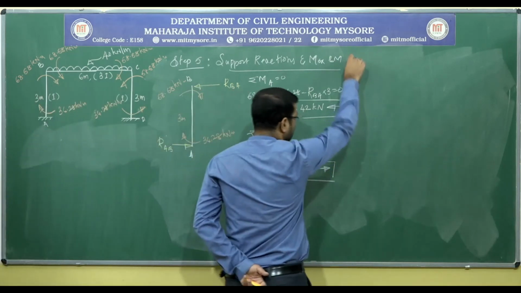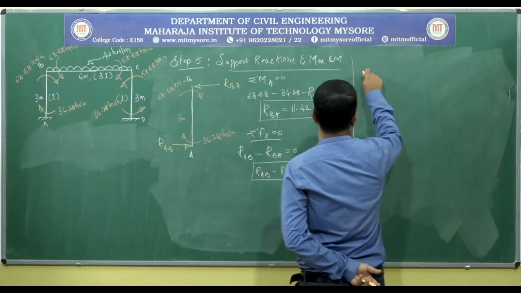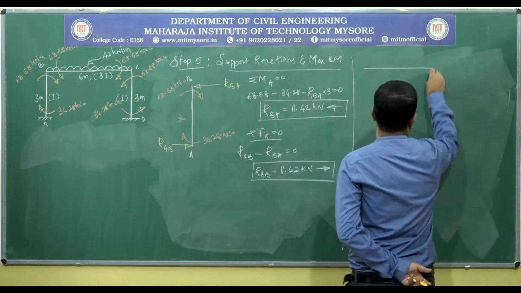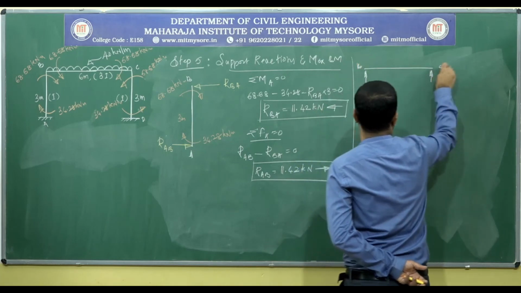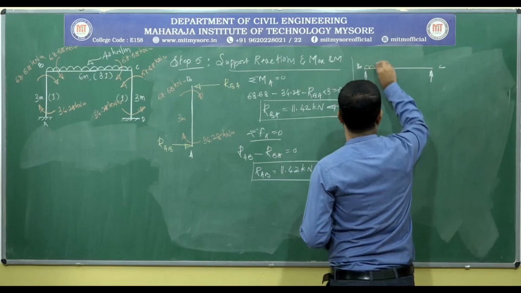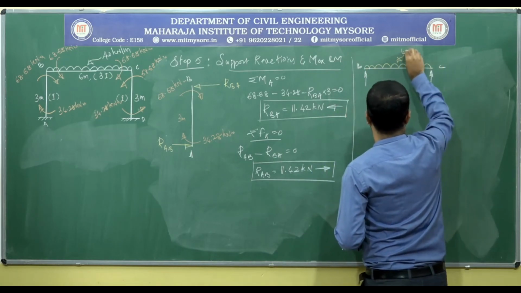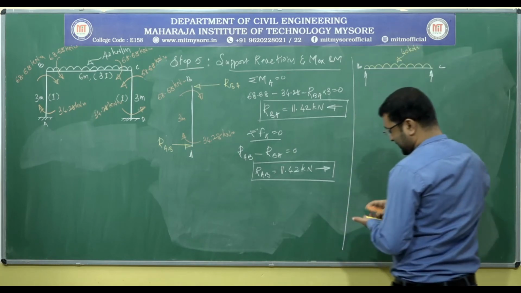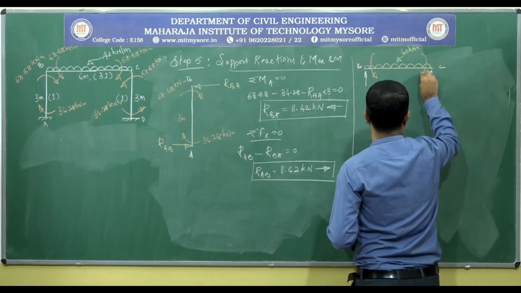Similarly, we need to repeat it for the next member, that is, member BC. If I draw the free body diagram of member BC, this is BC. On member BC, we have a UDL of magnitude 40 kilonewton per meter, and at the ends we have the end moments.